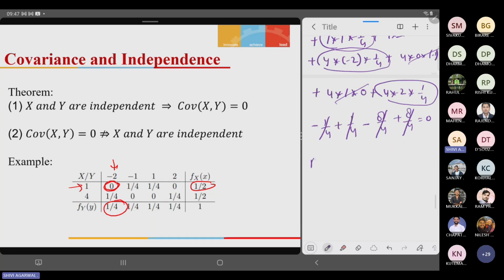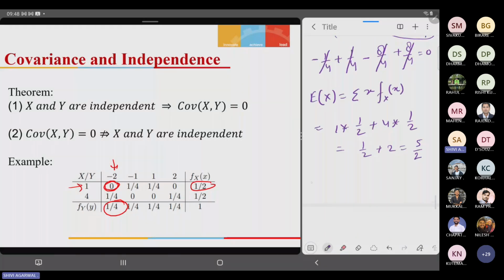Correct? Now expected value of x we are calculating. So expected value of x is what? Summation x fx, right? So x is what? 1 multiplied by 1 by 2 plus 4 multiplied by 1 by 2. So that will become 1 by 2 plus 2, so 5 by 2.